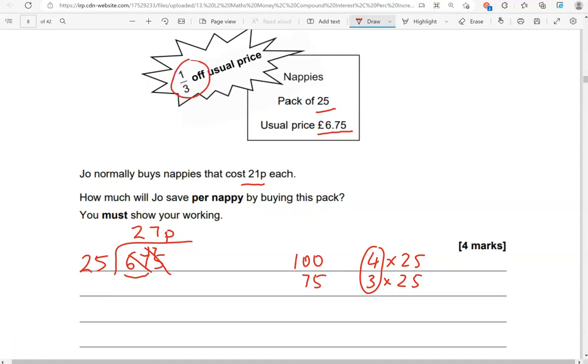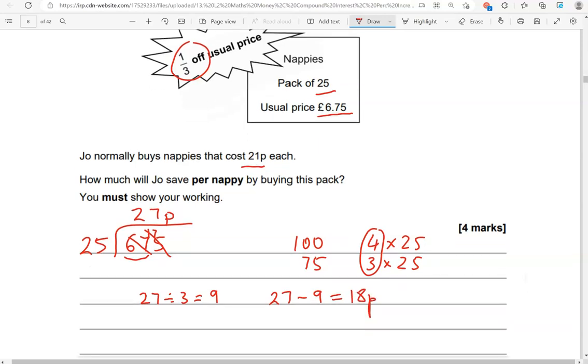Now we've got a third off the usual price. So what is 27 divided by 3? We know that's 9, because 9 times 3 equals 27. So 27, take away the 9, that is going to give us 18. So 18 pence.